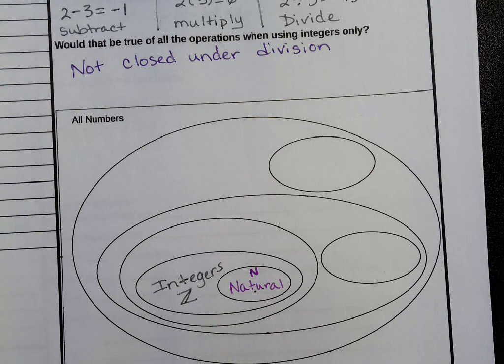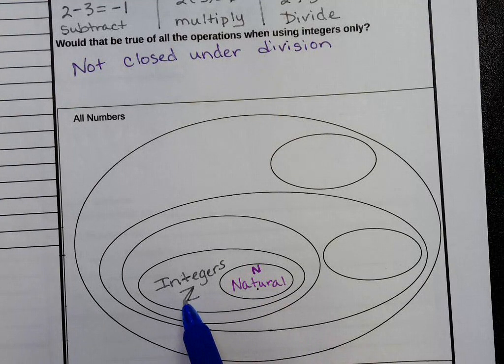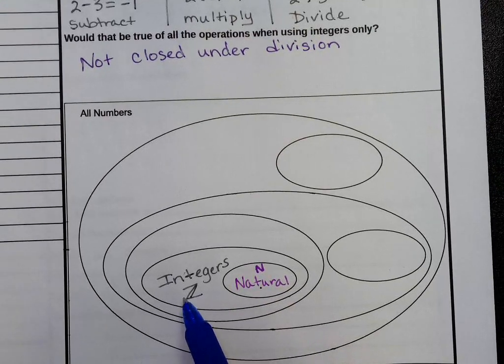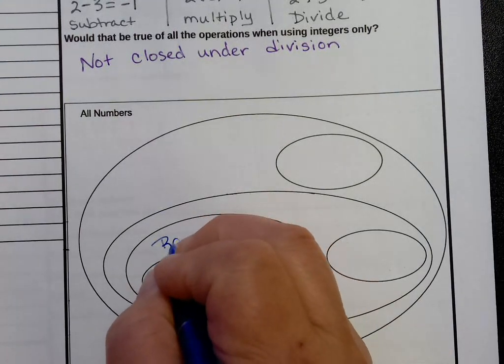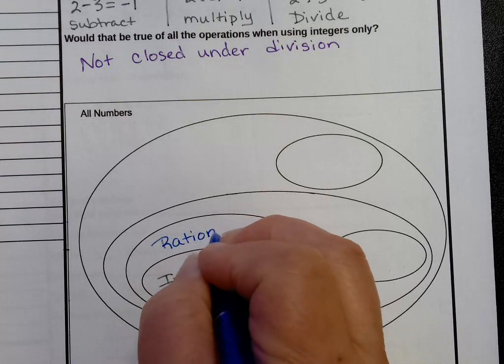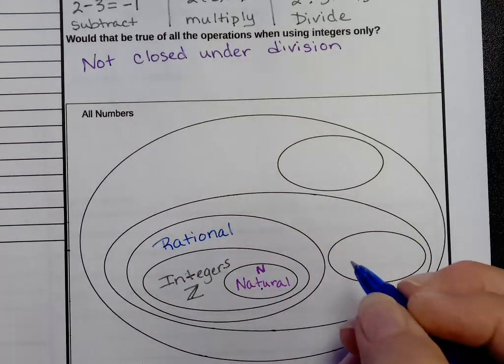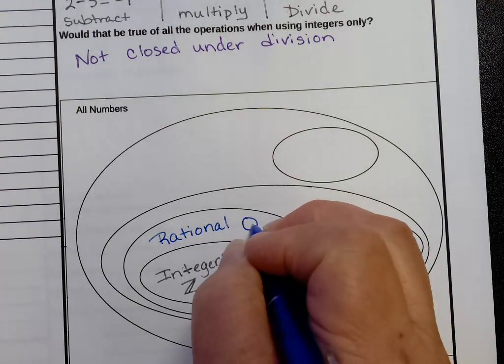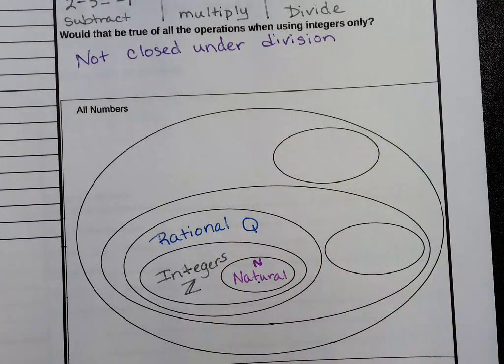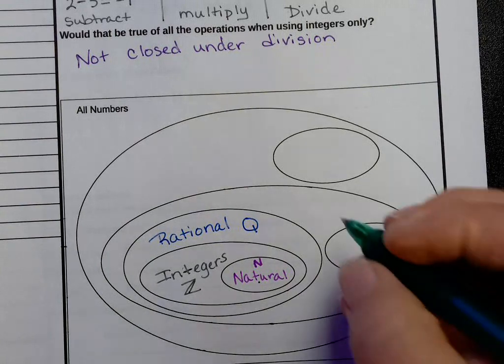Okay, now we're going to branch out a little bit more. You've got the natural numbers, you've got the integer numbers, and then you've got the numbers that are between two integers. We call those our rational. Remember, we can do those fraction numbers. Rational numbers are symbolized by a Q. Okay, within this whole big set, we have our real numbers.